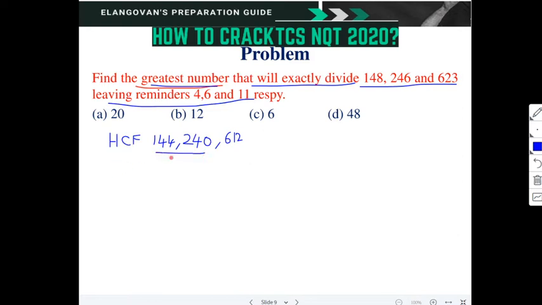Let us take the first two, 144 and 240. 1 times, so it is 144. We'll get 6 here, and 3, 20, 23 minus 14 is 9, 96.